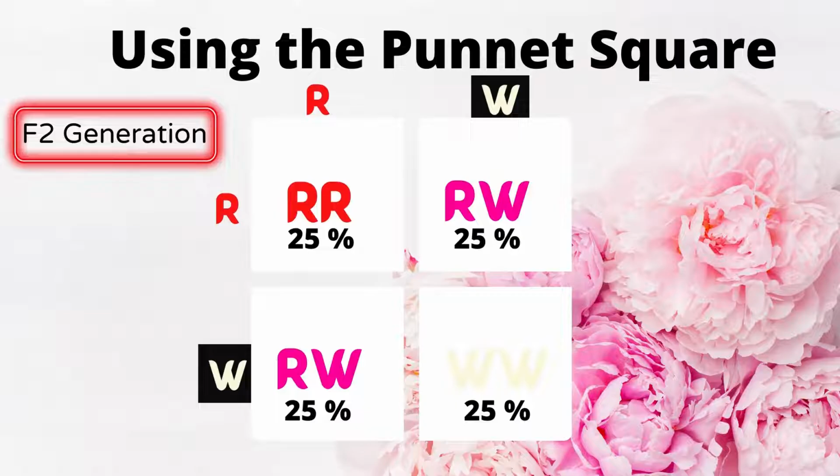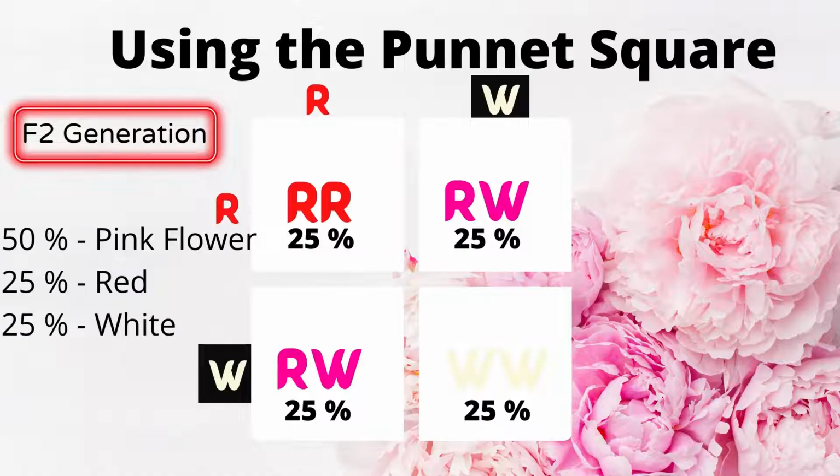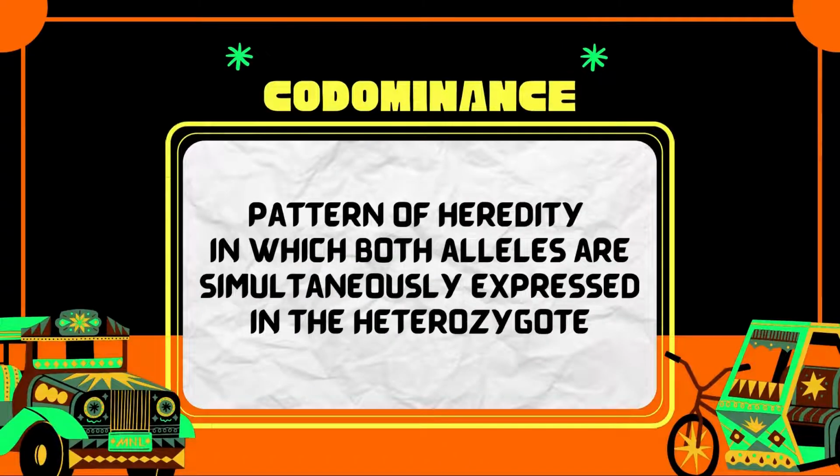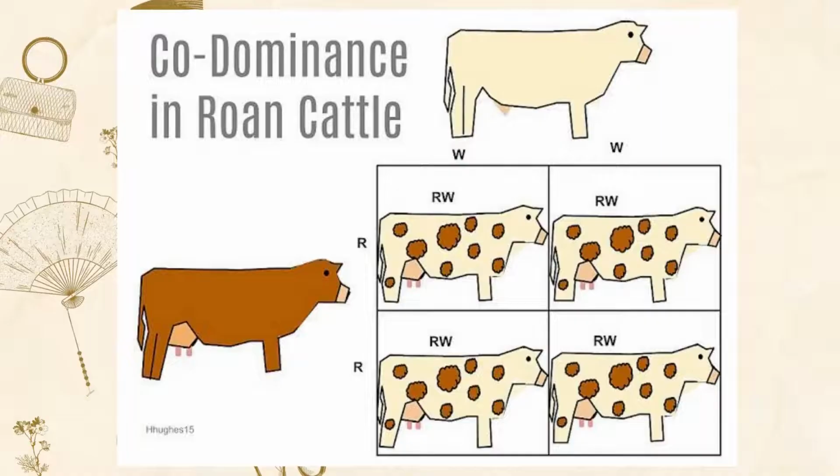And the answer is 1 red flower, 2 pink flowers, and 1 white flower. And the possible offsprings are 50% pink, 25% red, and 25% white. Codominance, pattern of heredity in which both alleles are simultaneously expressed in the heterozygote.